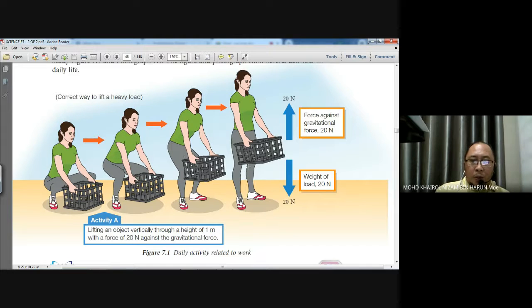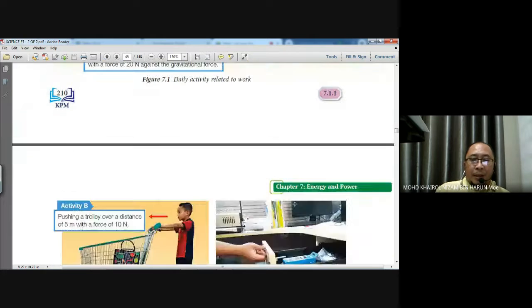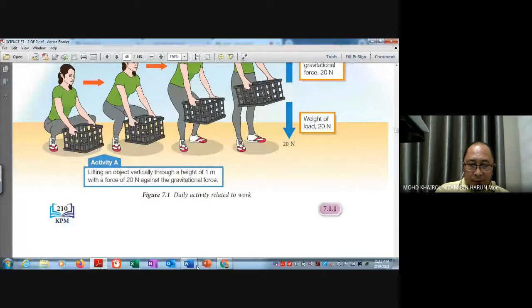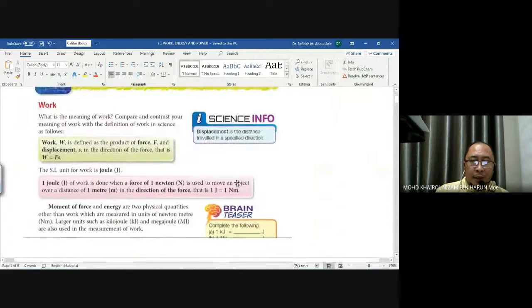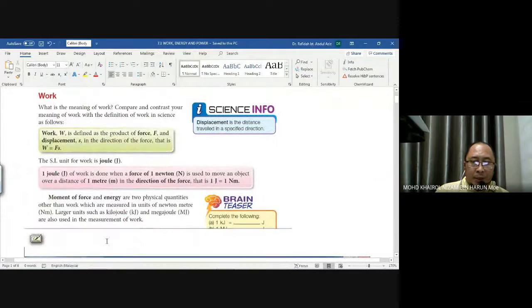So what we have to do is multiply 20 Newton with 1 meter. Then we will get the work done. In the example given here, we can write it like this.